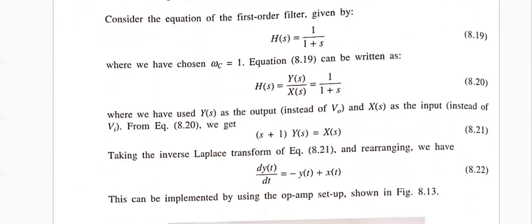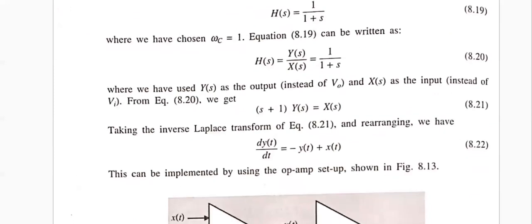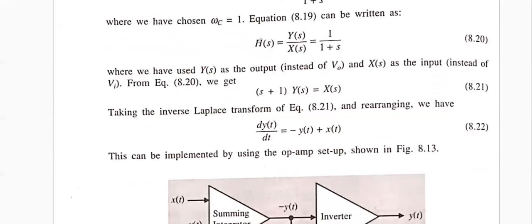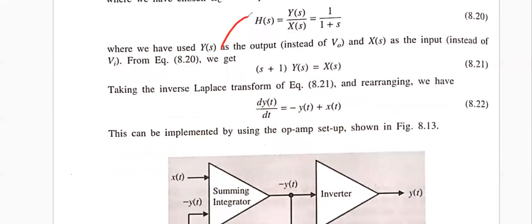So we know each and every part of this equation, and from that equation, we can also develop this. Very simple, but very important for understanding. We are talking about the first order filter. And now from this equation, we can write it very easily. And from this, by doing the inverse Laplace transform, we can do that.